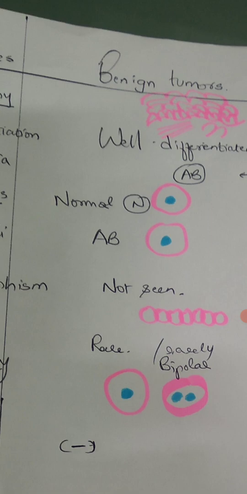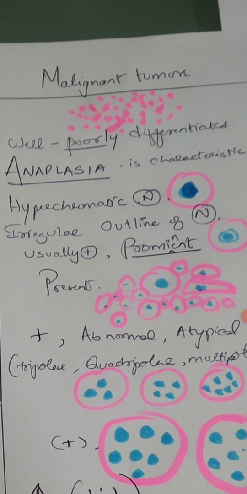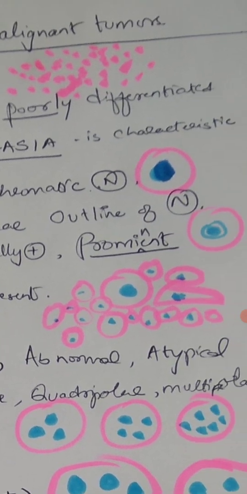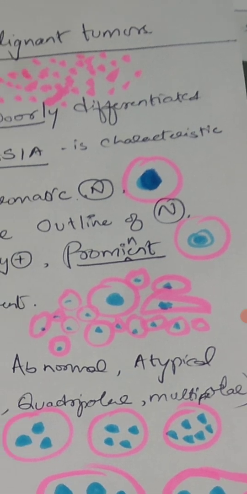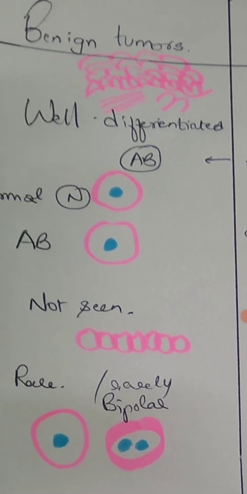Whereas in malignant tumor, the mitotic activity is highly present, it's abnormally present, it's atypical, and can be tripolar, quadripolar, multipolar, meaning the nuclear division is so rapid there is no time for cytoplasmic division. So mitotic figures are a characteristic feature of malignant tumor, though in benign tumor we can see some bipolar nuclei.